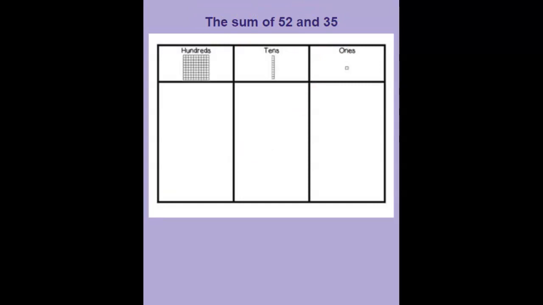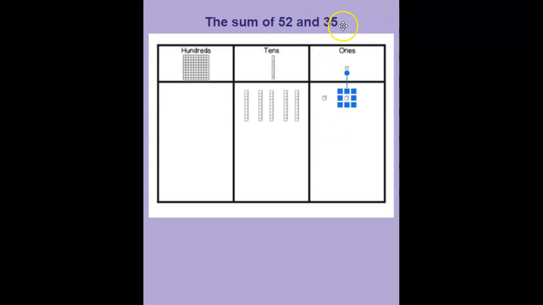To represent the number 52, I'm going to use my place value chart and put 5 tens in the tens place, because in the number 52, I have 5 tens. So I have a value of 10, 20, 30, 40, 50. 5 tens is worth 50. Then we have a 2 in our ones place. 1, 2.